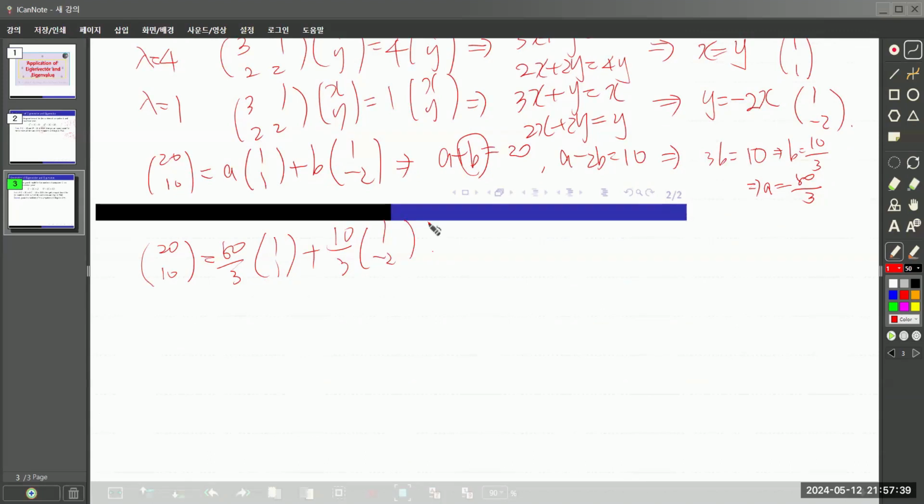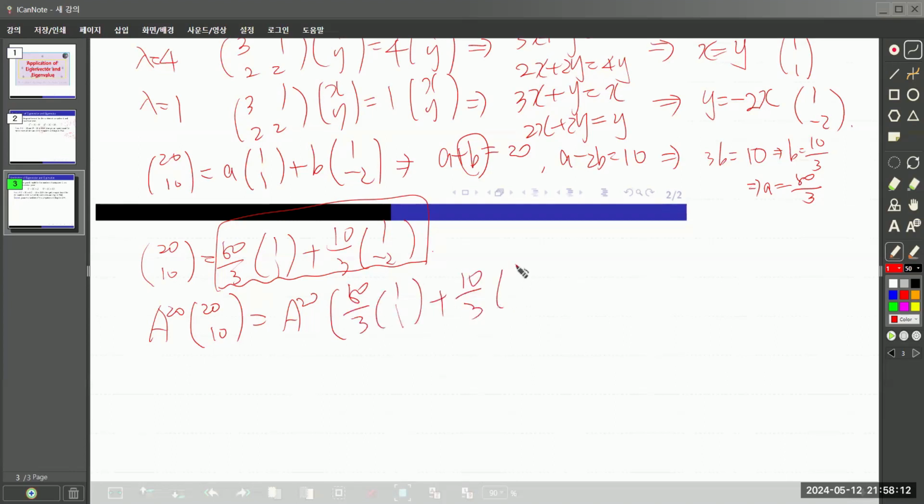We want to guess the numbers of computers and dogs in 2044, which means we want to know A to the 20 times (20, 10). But this vector can be expressed as a linear combination of the eigenvectors (1, 1) and (1, negative 2), equal to 50 over 3 times (1, 1) plus 10 over 3 times (1, negative 2).